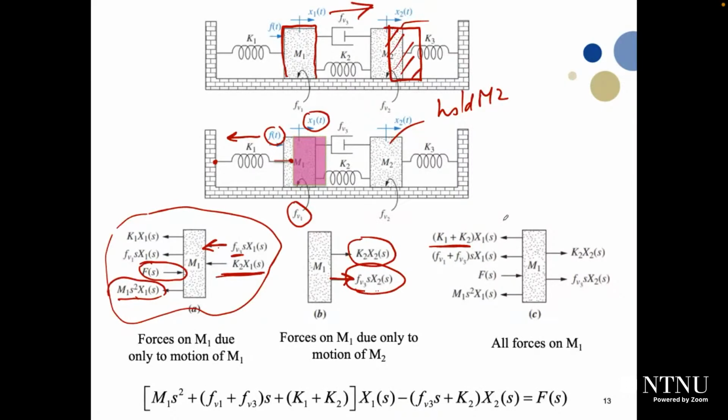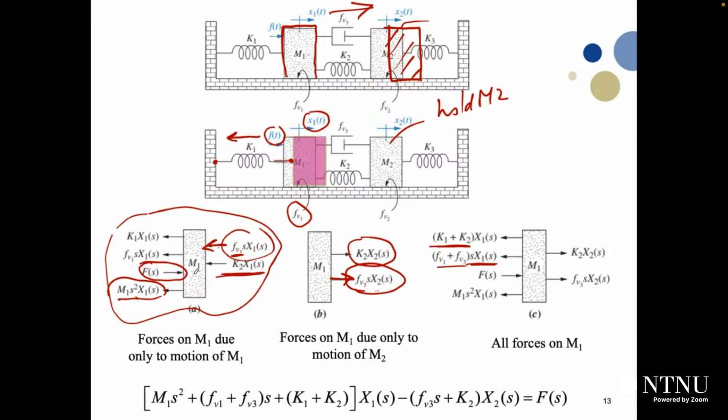As a second force, due to the damper, it will be FV1 S X1 of S, acting to the left-hand side. What else? We have FV3 also, correct? We take X1 of S as a common factor, so what remains is FV1 plus FV3.